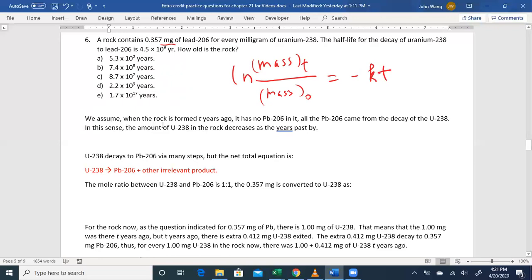We're assuming that when the rock was formed t years ago, it had no lead-206 in it, and all the lead-206 comes from the decay of uranium-238. In this sense, the amount of uranium-238 in the rock decreases as the years pass by.